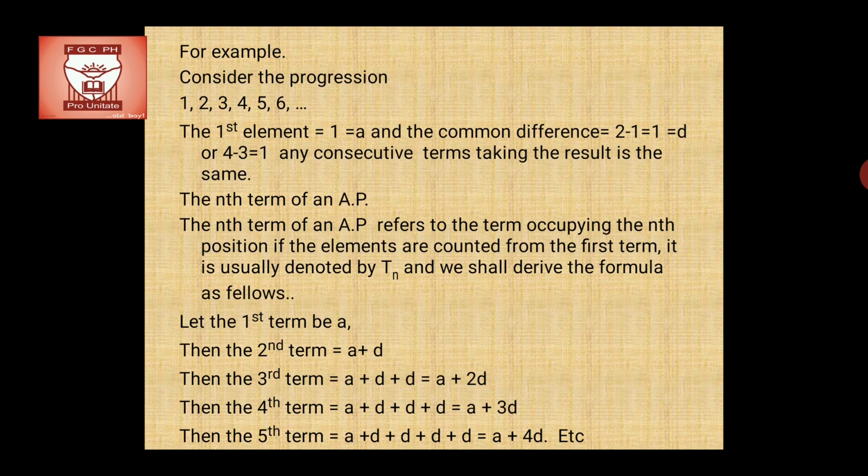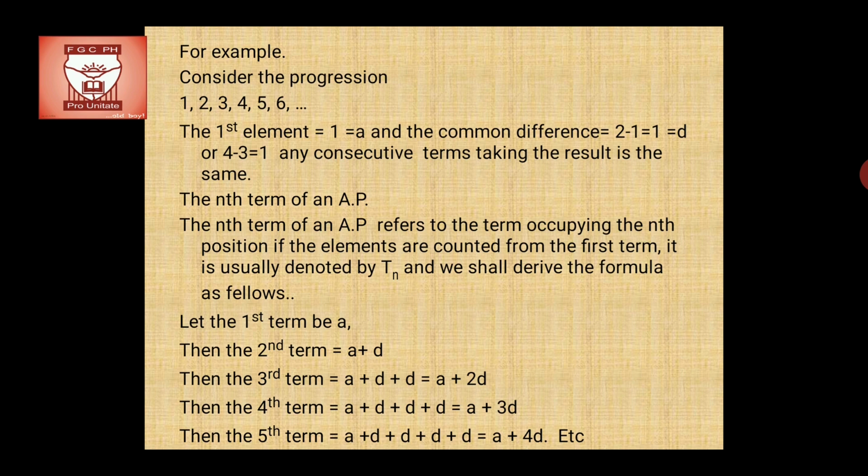The nth term of an AP. The nth term of an AP refers to the term occupying the nth position if the elements are counted from the first term. It is usually denoted by T sub n, and we shall derive the formula as follows.